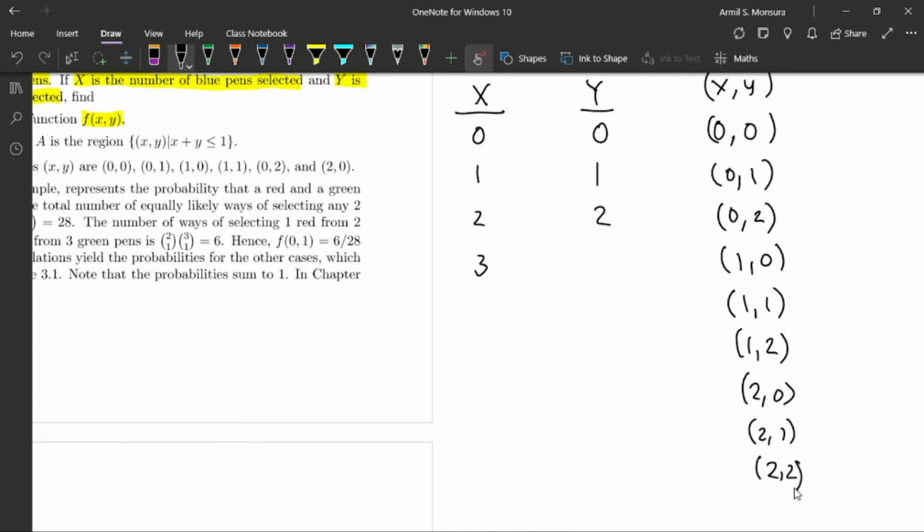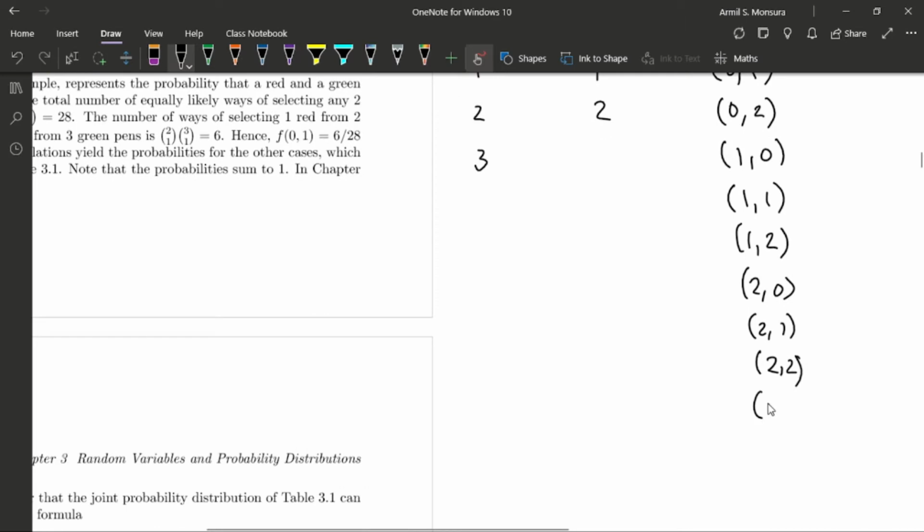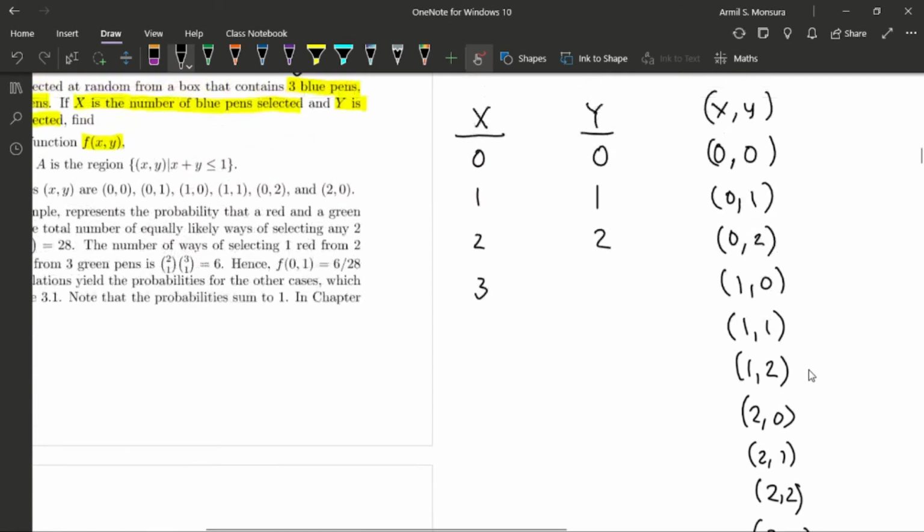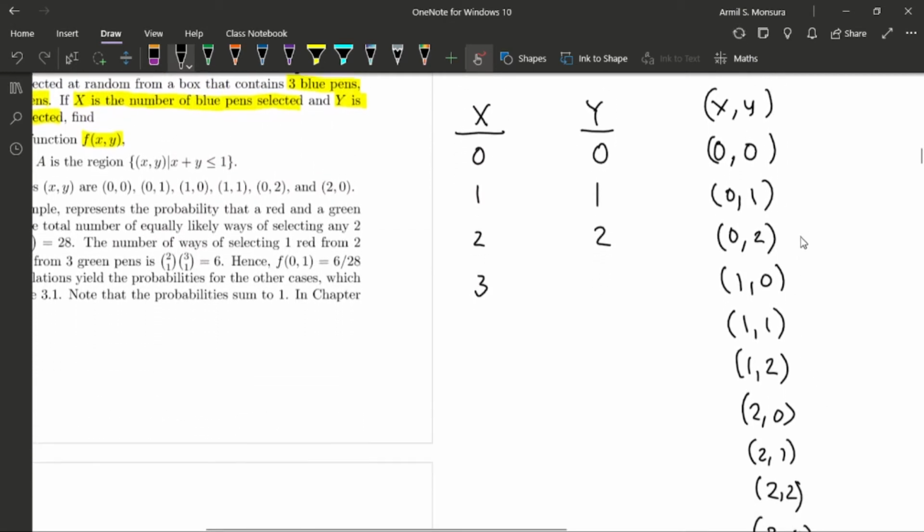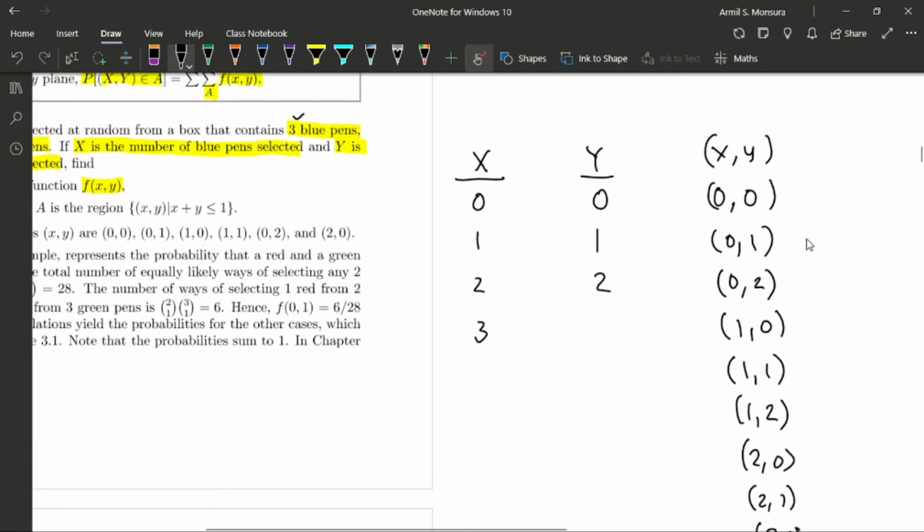And then 3,0; 3,1; and 3,2. So these are the possible combinations of values for your x and y, given that these are the possible values that your x would assume, and these are the possible values that your y would assume.